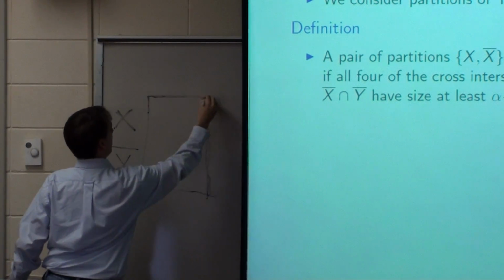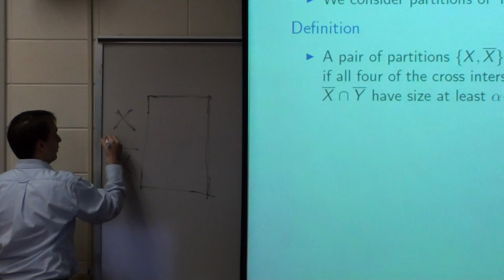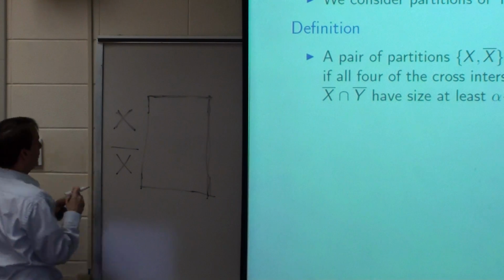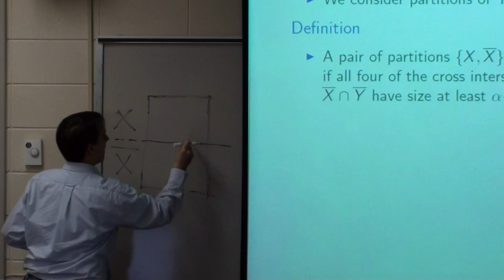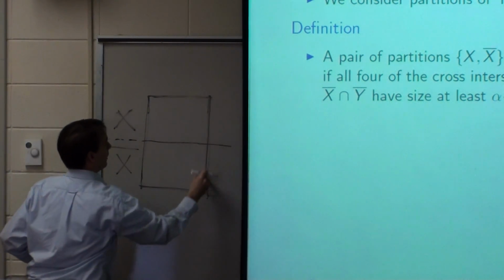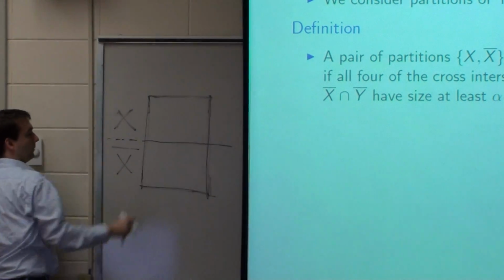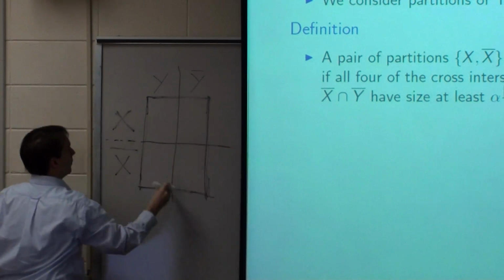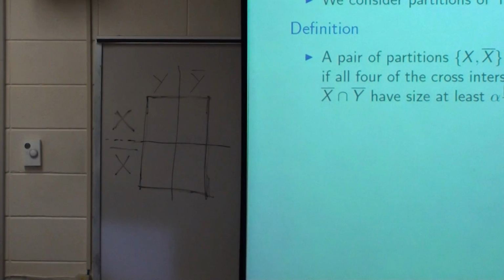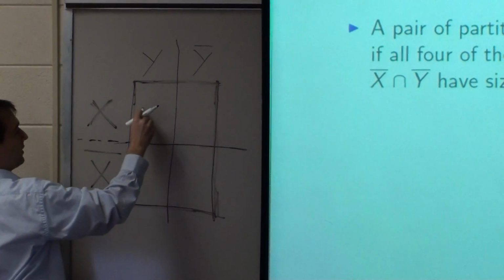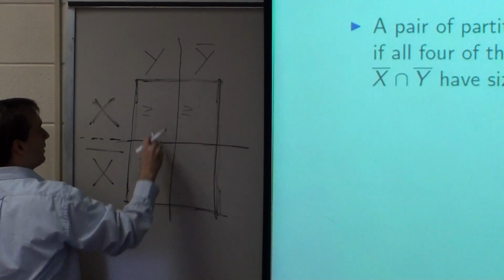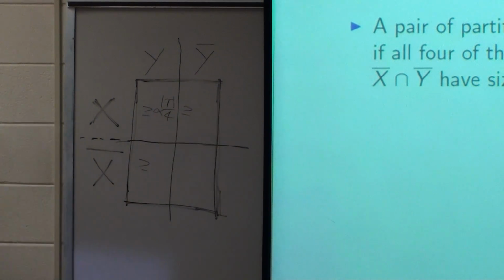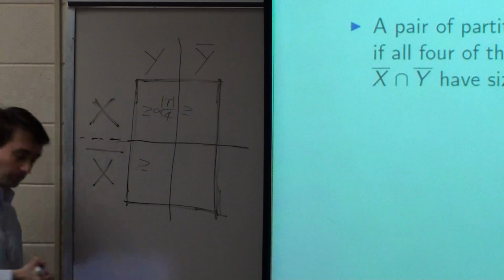This rectangle represents the ground set, and we look at the partition of the ground set into a set X and its complement, and then we look at another partition, Y. Then what we want is that all four of these possible boxes have size at least 1/4 of the total number of elements in the ground set.